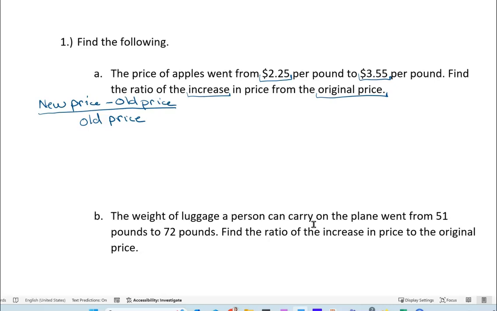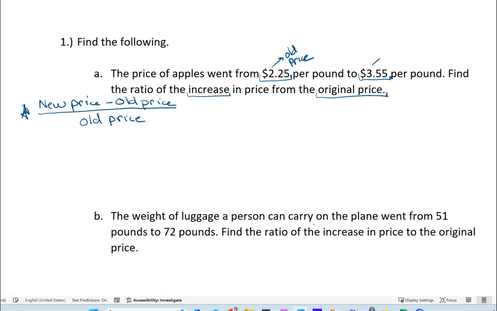Okay, so now we just need to figure out which of the information that they've given us goes where. So the price of apples went from $2.25 per pound. So this is the original price, or I'll say old, since that's what I used in my little formula here.